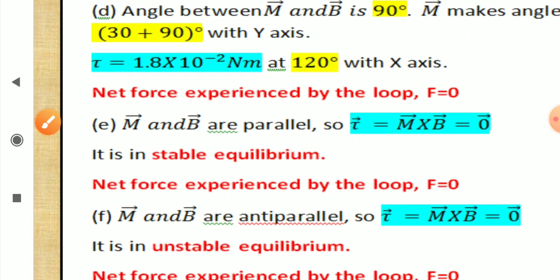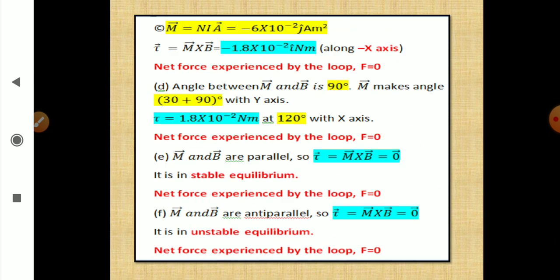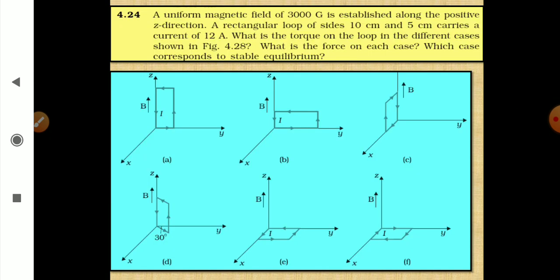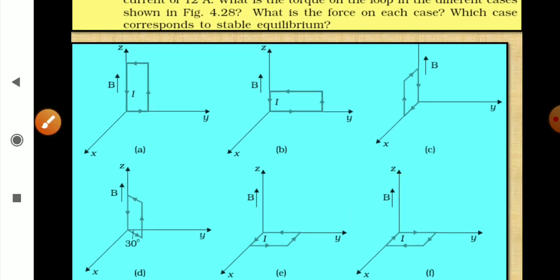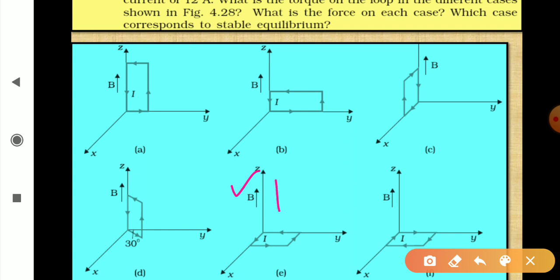And the next case, again for this I have to go back to the diagram here. Now in this case, the magnetic field is along the z-axis here, and the loop lies in the xy plane. So here if you curl your fingers along the sense of current, you get it in the upward direction.